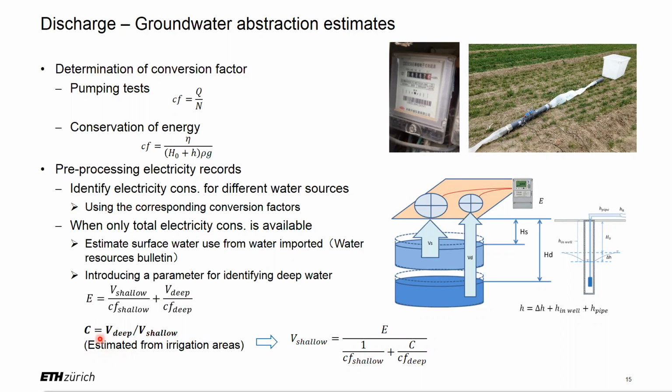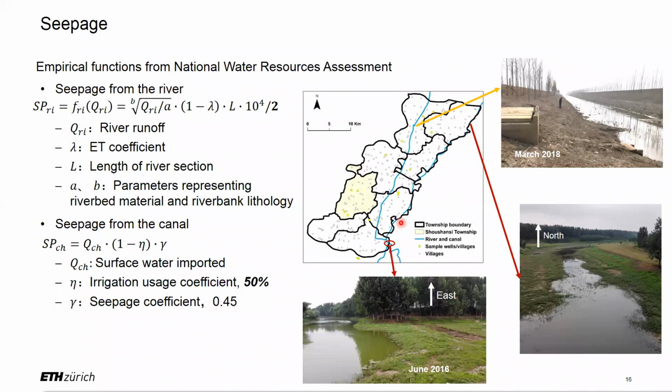By introducing this parameter, we can calculate the pumping volume of shallow aquifers using this equation. This parameter is very important. I will still mention it in the following slides. Now, we have got the abstraction of the shallow aquifer based on the electricity consumption.